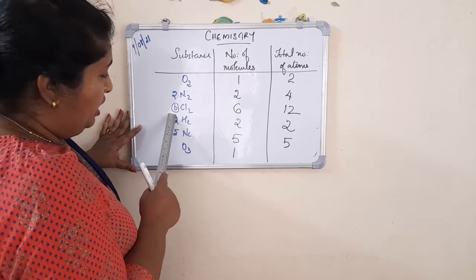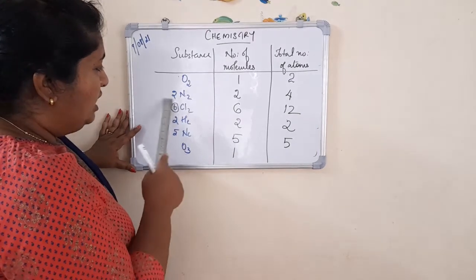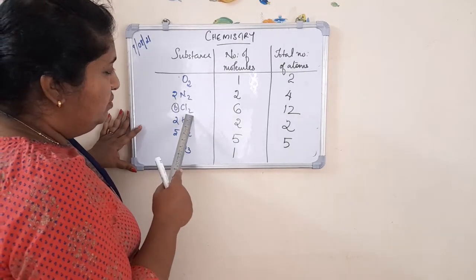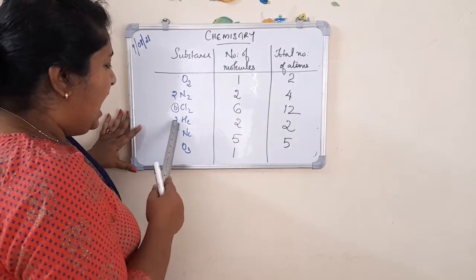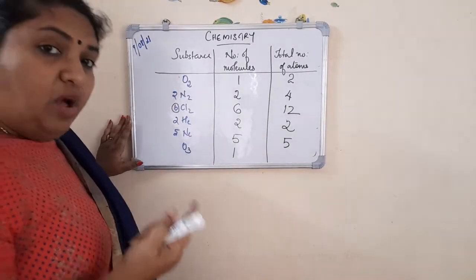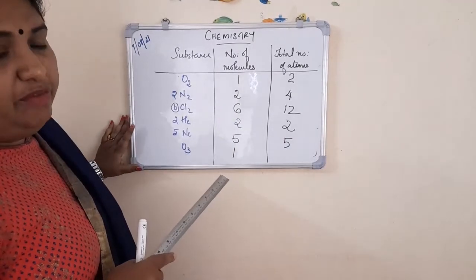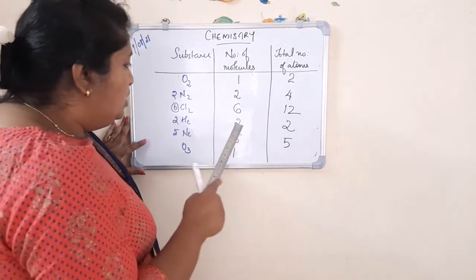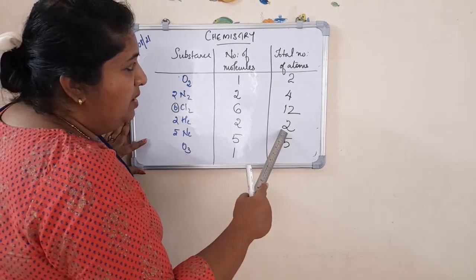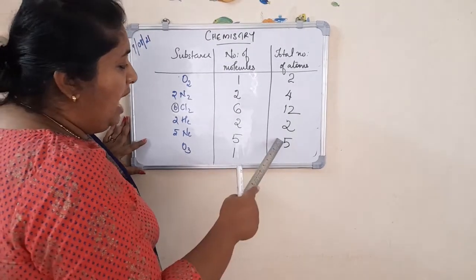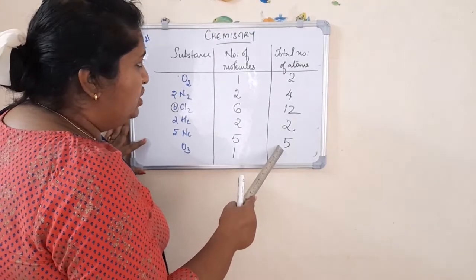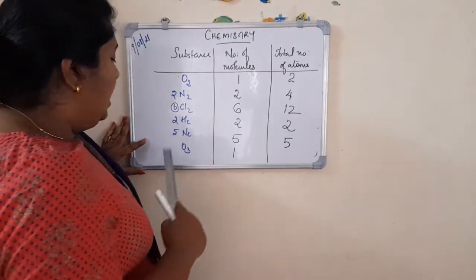Here 6 chlorine molecules and total number of atoms 6 into 2, that is 12. Here this 2 is actually representing the number of molecules as well as the number of atoms. So here 2 molecules as well as 2 atoms. Here also 5 molecules of neon and the same way 5 neon atoms. And what about here?